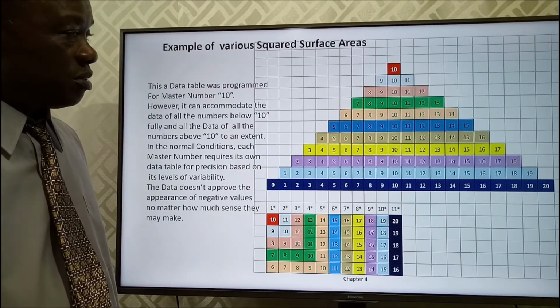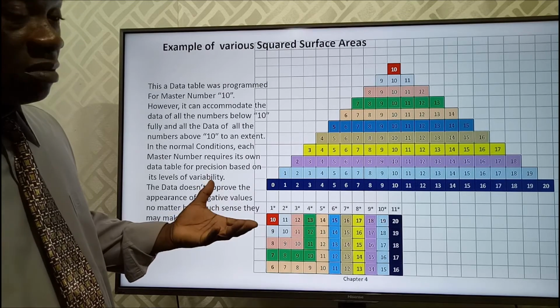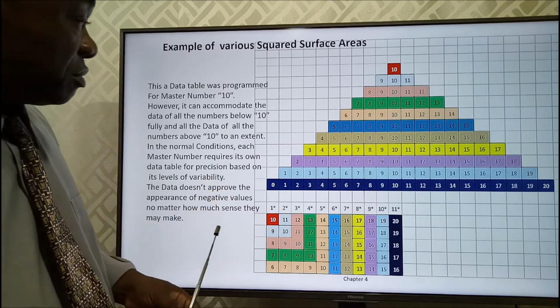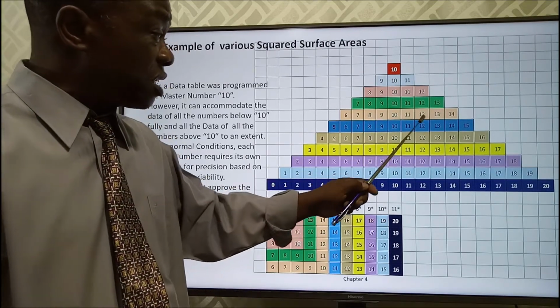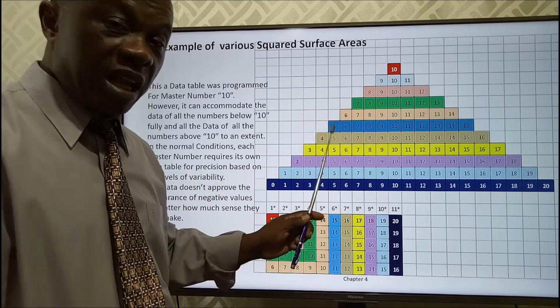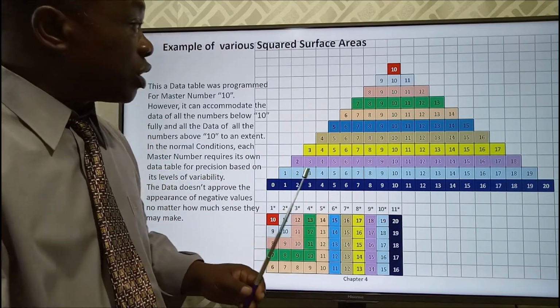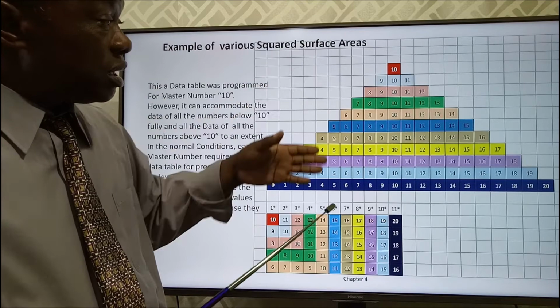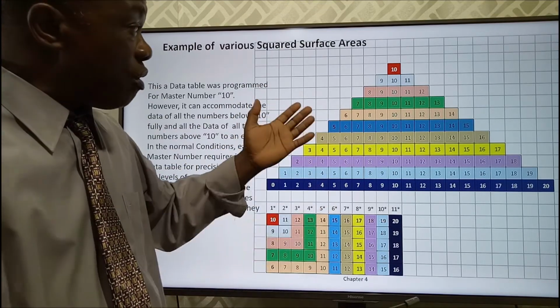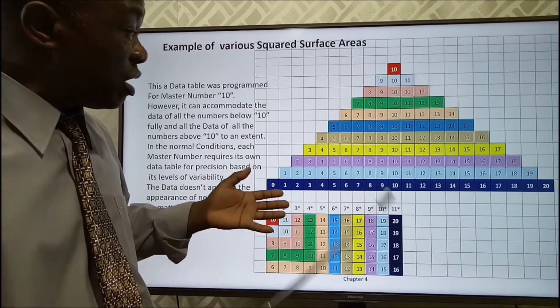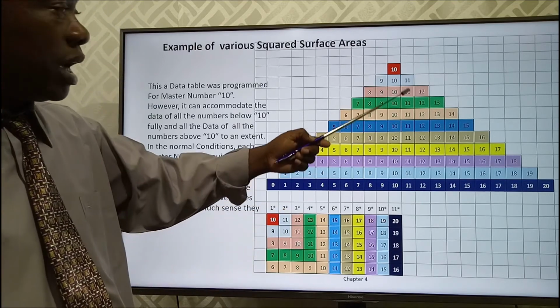So what I mean is that through this table of 10, you can make a table of 1, 2, 3, 4 until 9.